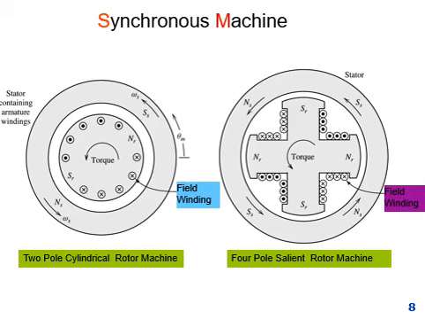So this is the non-salient case where a 2-pole cylindrical rotor machine is shown, and this is a 4-pole salient rotor machine where it is obvious that 2 north and 2 south poles are shown in the salient fashion.